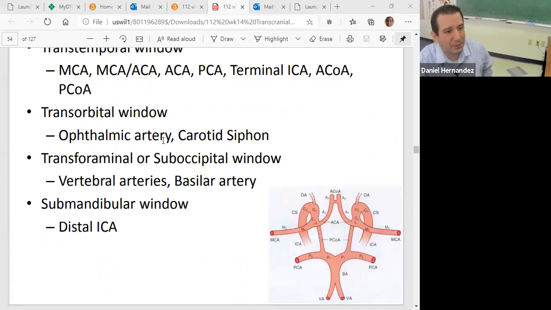Transorbital window, they're doing the ophthalmic artery and the carotid siphon. Transforaminal or the suboccipital window is going to be our vertebral arteries and basilar artery. And submandibular is going to be that distal ICA.